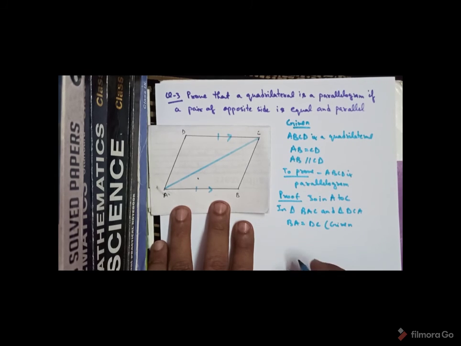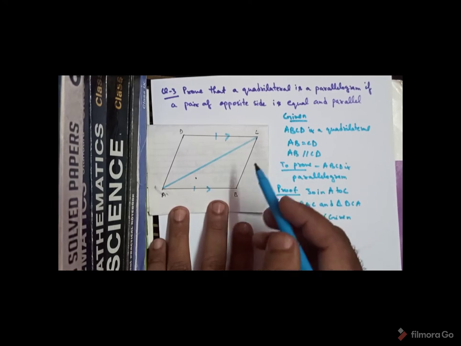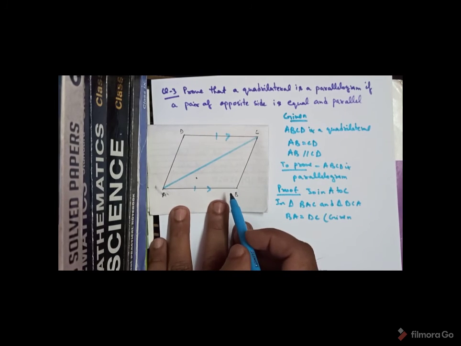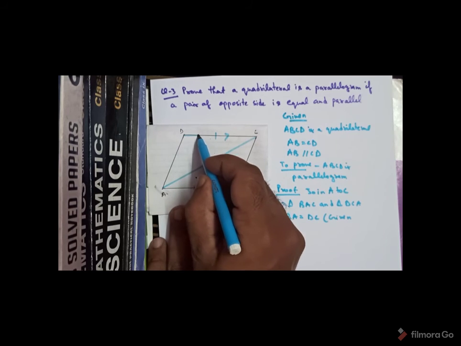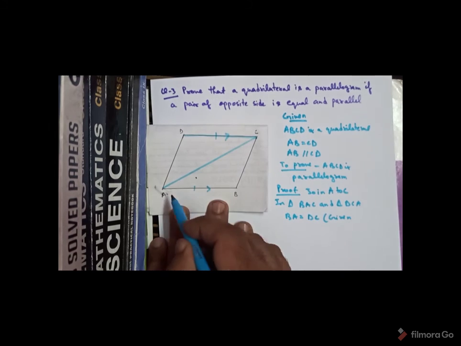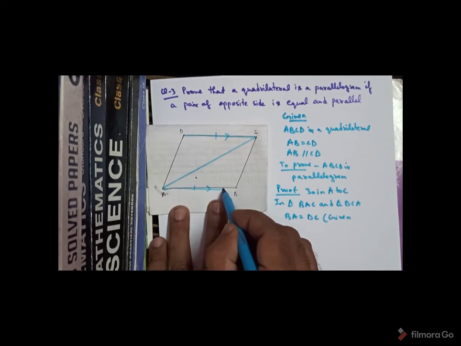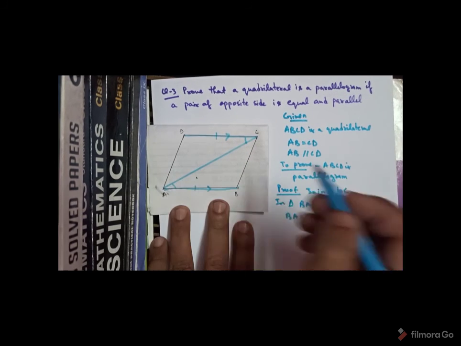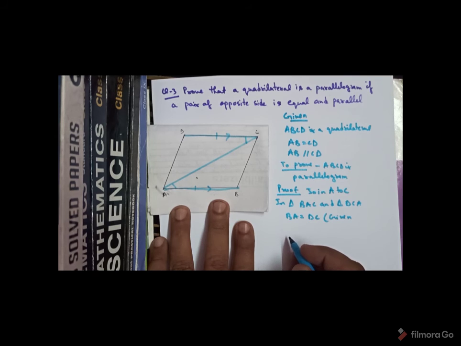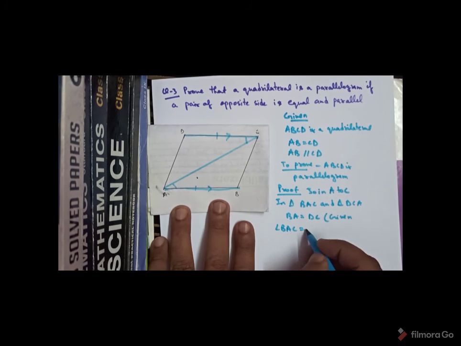And since BA and DC are parallel lines and AC is the transversal, the alternate interior angles, that is angle BAC, will be equal to angle DCA.